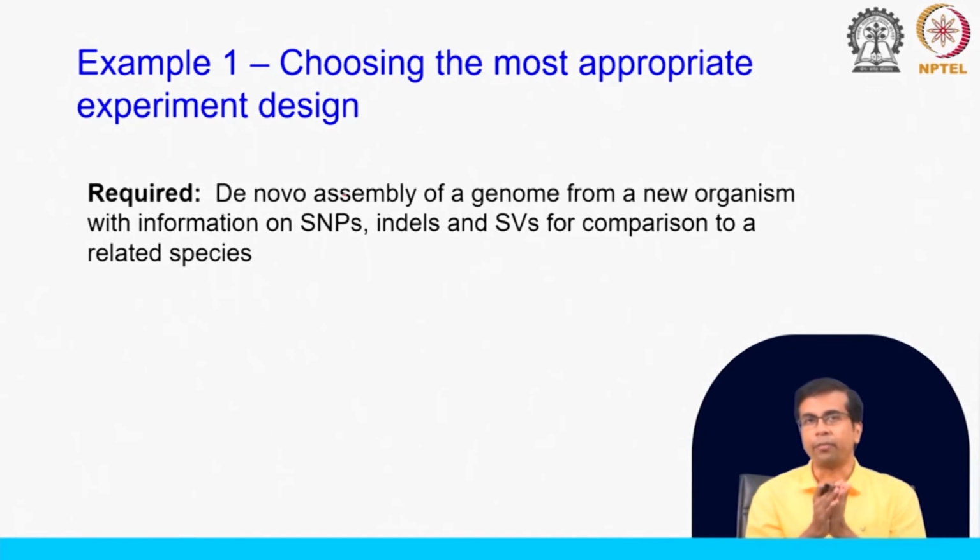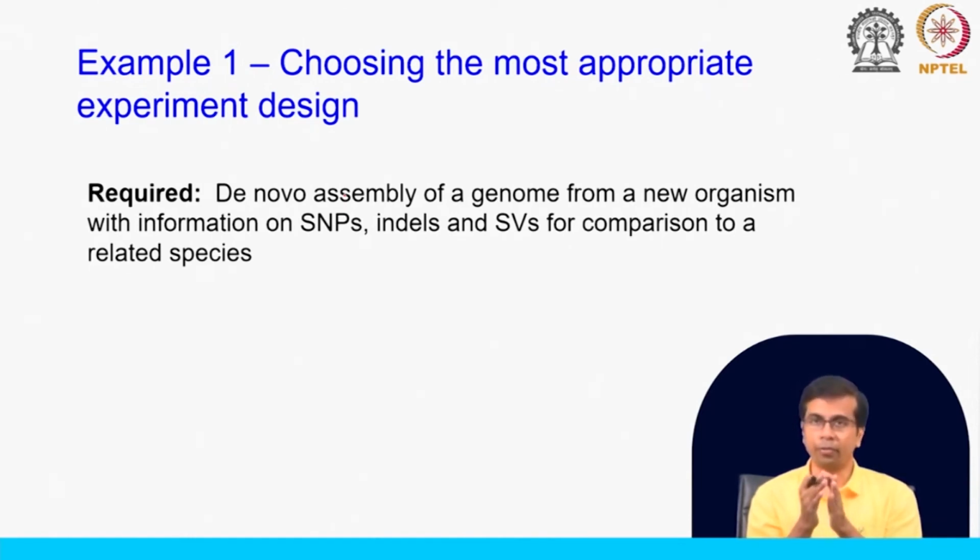So, this is first example, how do you choose the best experimental design for your project. So, let us take this scenario where what is required is that we want to do a de novo assembly of a genome from a new organism, which has not been sequenced before, and we want all the information on single nucleotide polymorphisms, insertion, deletions, and structural variants, for comparison with a related species.